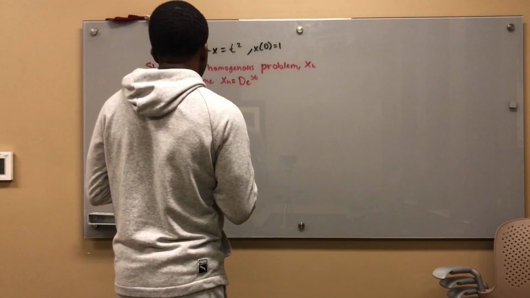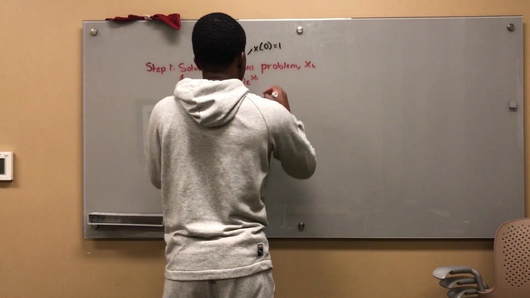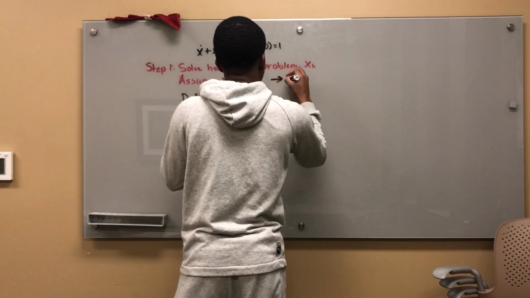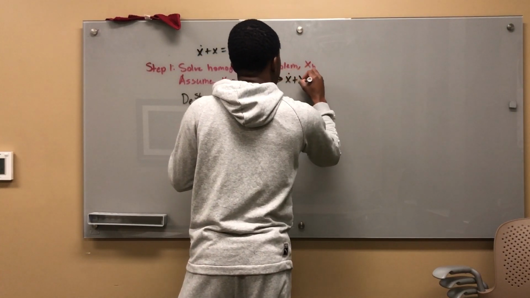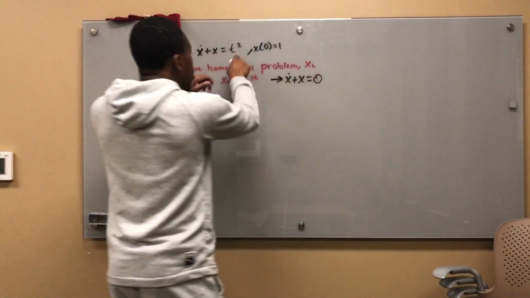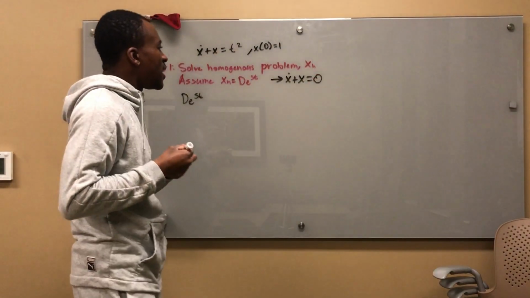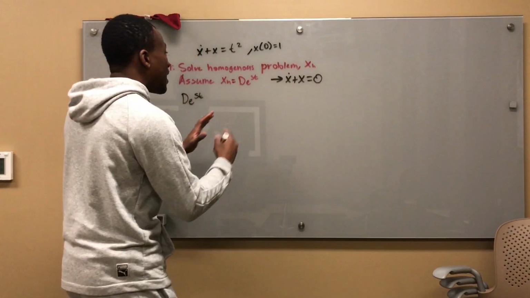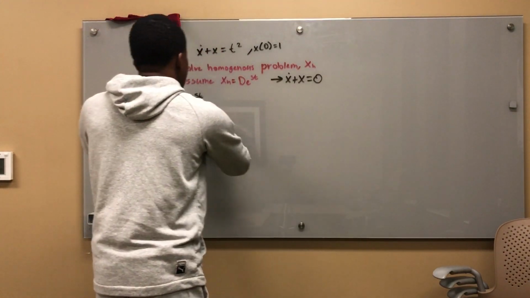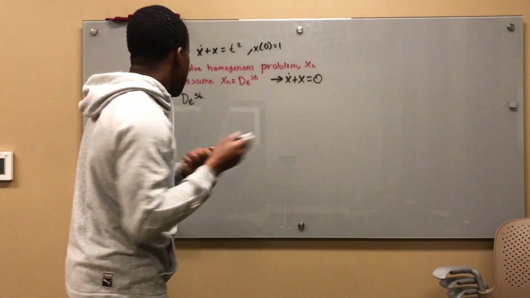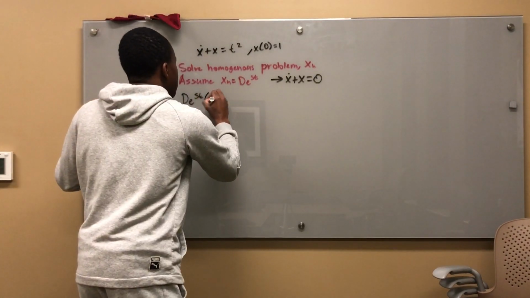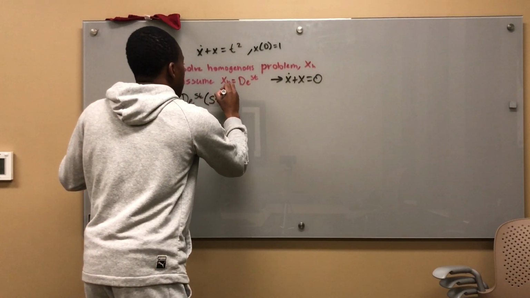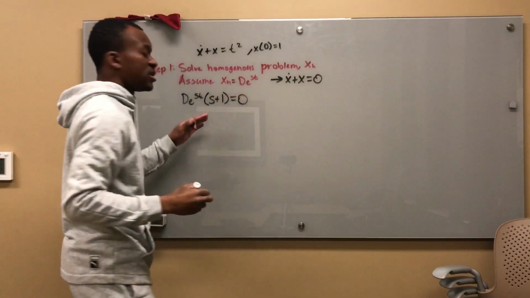So the homogeneous solution will look something like this: x dot plus x is equal to 0. We totally forget about the right side and we equate that whole thing to 0. So once we solve this, we end up getting d e to the st times (s plus 1) is equal to 0.